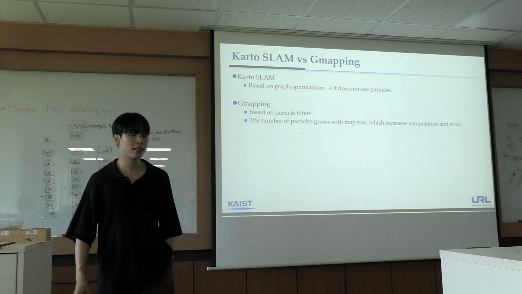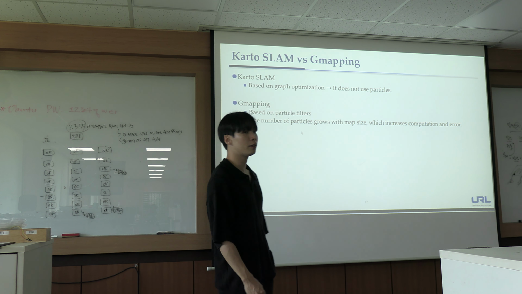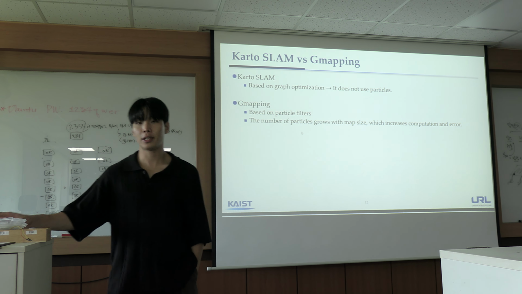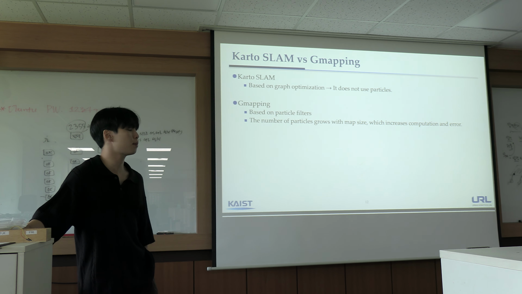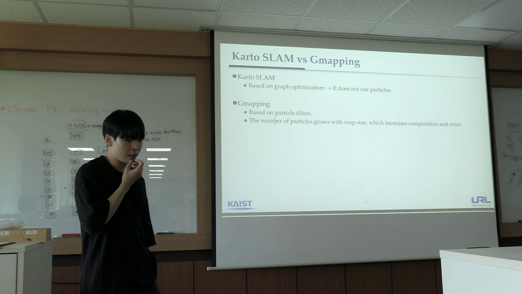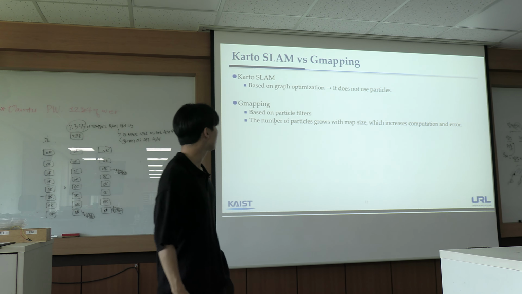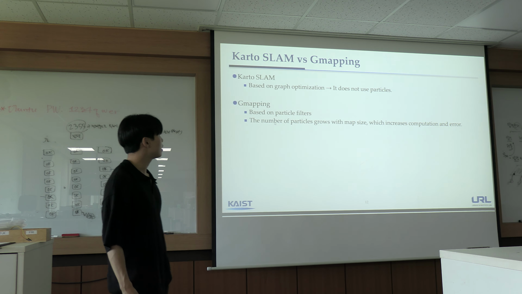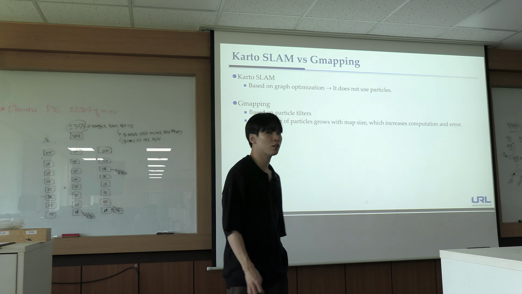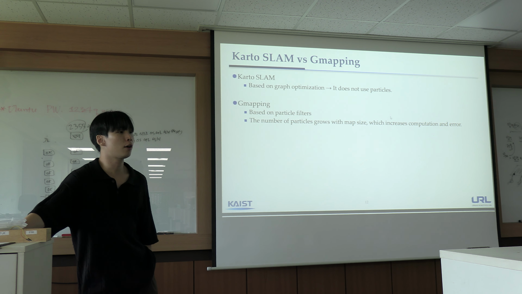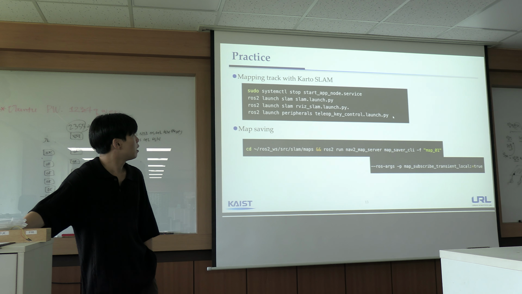Because KAIST SLAM is based on optimization, it does not use particles. So it is very computationally efficient and suitable for computation-resource-limited environments like Jetson. GMapping is based on particle filters, so when the number of particles increases, the computation and error increase.